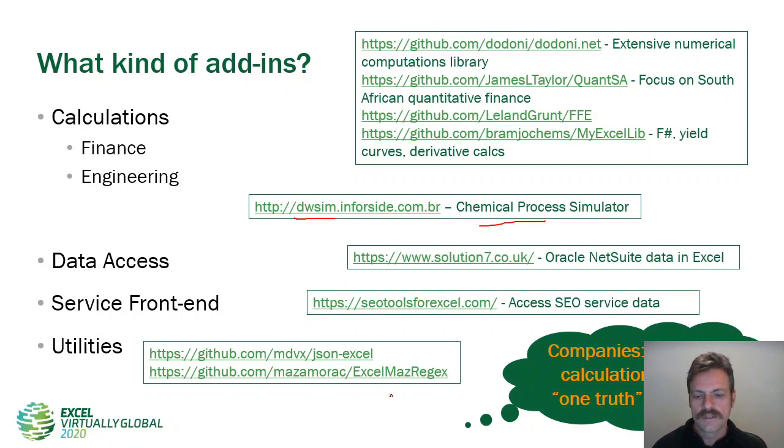So calculations, algorithms, and data can all be made accessible in a standard way to people who are using Excel as a front end and still are able to flexibly build their own models and use these shared calculations and shared data for that. There are many kinds of add-ins people build, and all of them can be built with Excel DNA, but there are other tools as well, of course.